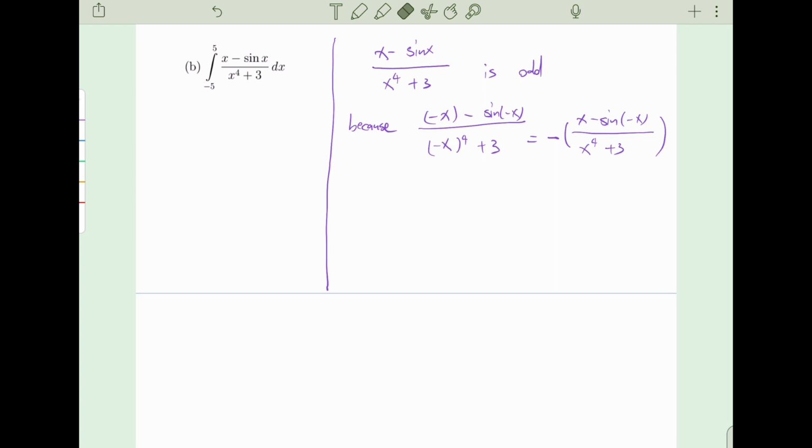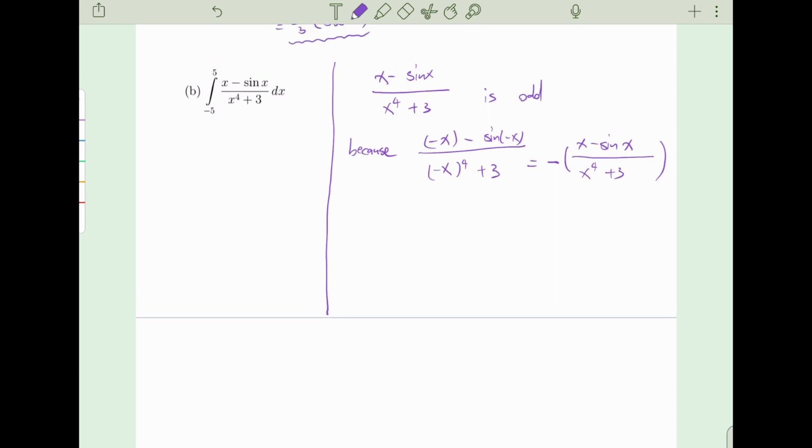There's no negative sign here. We can check this very easily. So it's an odd function, and because the interval is also symmetric, this is equal to 0.